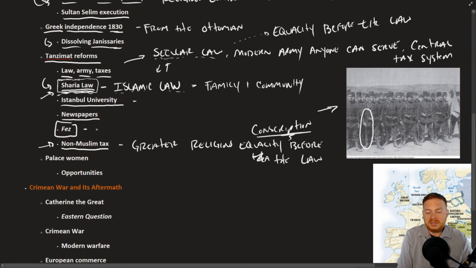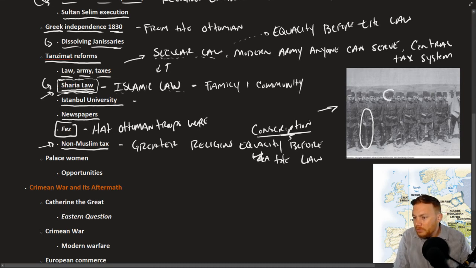The fez is the hat Ottoman troops wore. And you can actually see it in this picture here, the little red hat on the top. And what made it different from their European counterparts was that a European hat would have some sort of bill attached to it that would block out the sun.